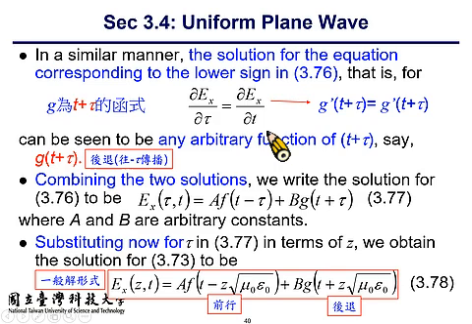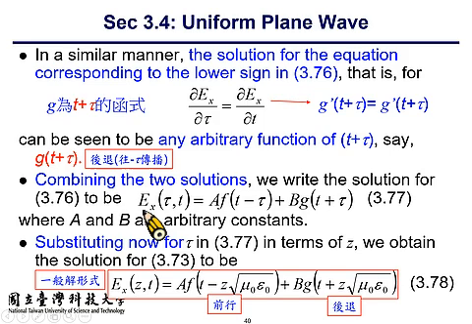Therefore, we can conclude that we can substitute both functions f and g as possible solutions for the Ex function. So in equation 3.77, we write Ex, the solution for the field propagating wave, as a function of A f plus B g.